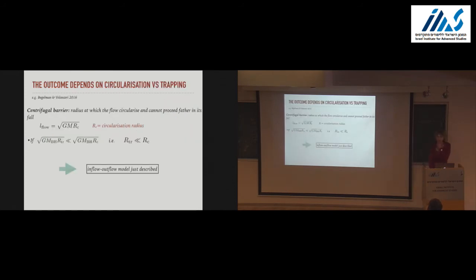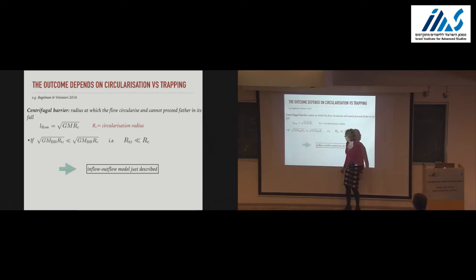Okay, so the first category is easy because I already explained. If we take some gas coming from a large scale with a certain specific angular momentum, remember that we did it for TDs, it circularizes to a radius which is dictated by its own angular momentum. This is the circularization radius we derived last time.